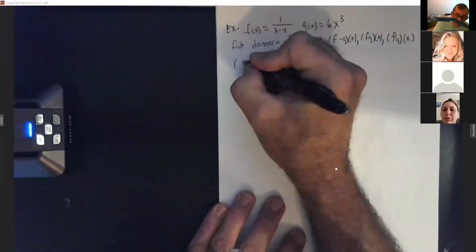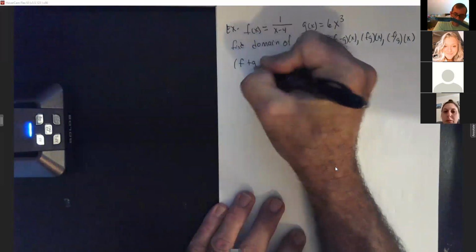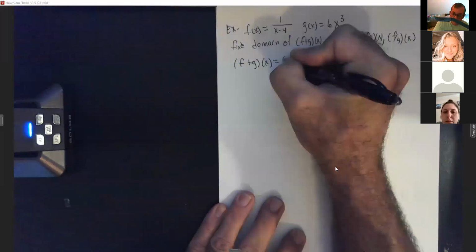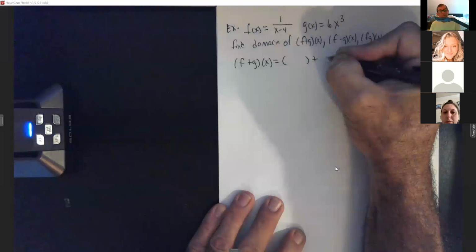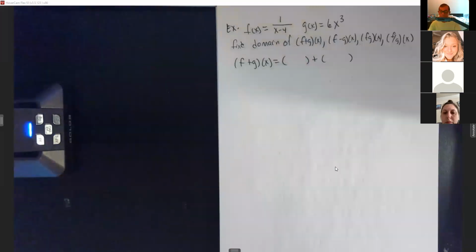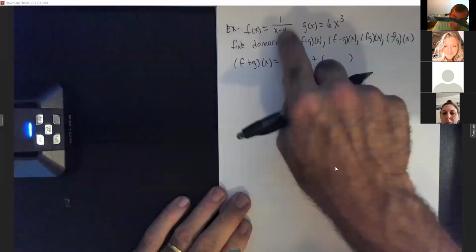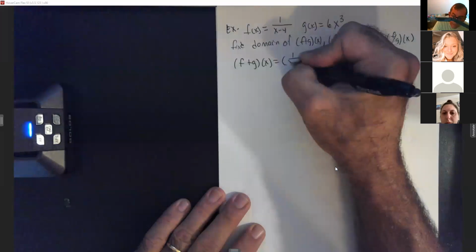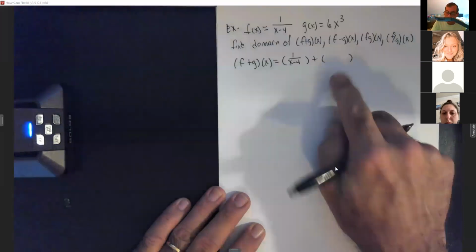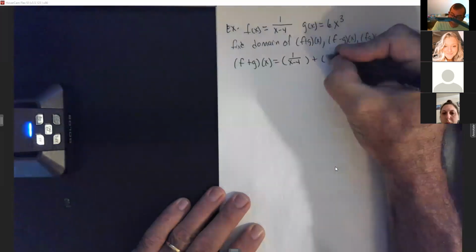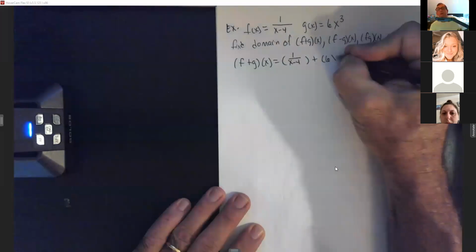F plus g of x is going to equal my f plus my g. And if you notice, every one I start out with just throwing me some parentheses first. And then I put in my f, which was 1 over x minus 4. And my g was a 6x to the third.